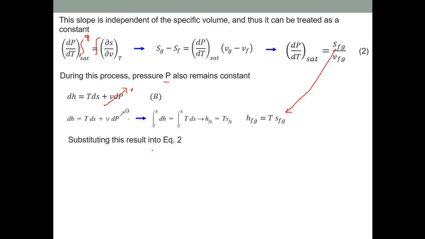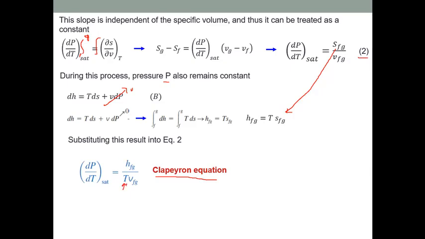So if we substitute in equation 2, this is equation 2, we'll get dP by dT at saturated state equal to hfg divided by T vfg. That's called the Clapeyron equation. If we carefully look at the Clapeyron equation, we can calculate the value of enthalpy of phase change at a given temperature.